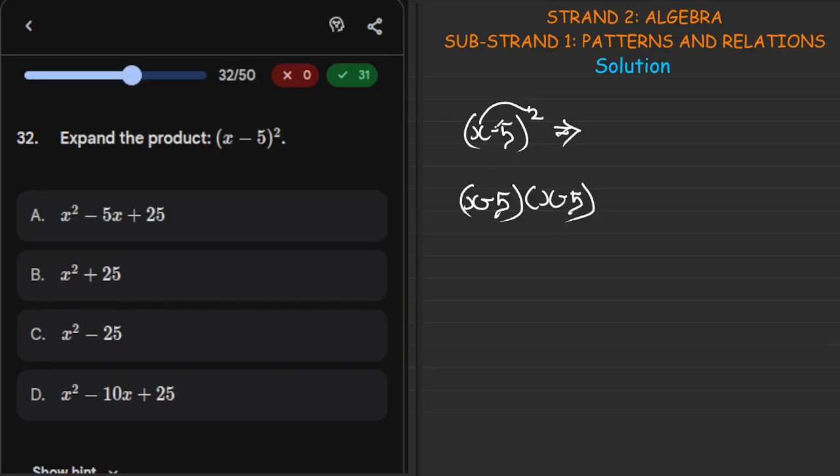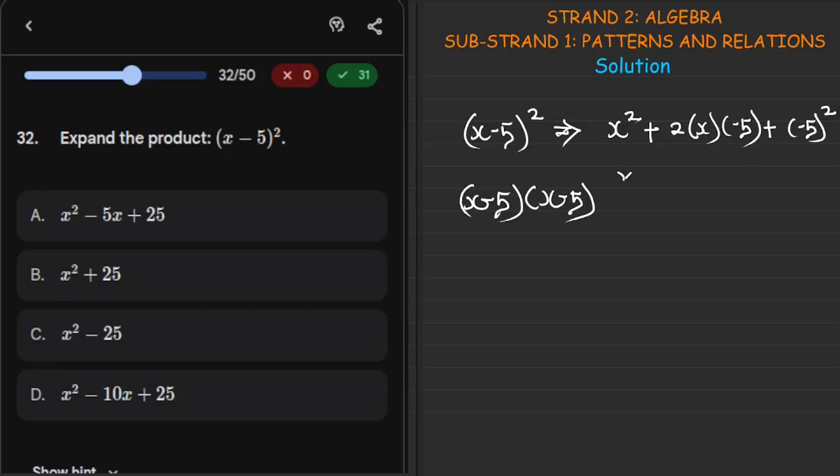So you take the first term and square it so that it becomes an x squared. Then you take the square you have here, multiply it by this term, and also multiply it by this term. I mean, you have your 2 times x, then times your negative 5. Then we say plus. This next term is also squared. So that is a negative 5 squared.